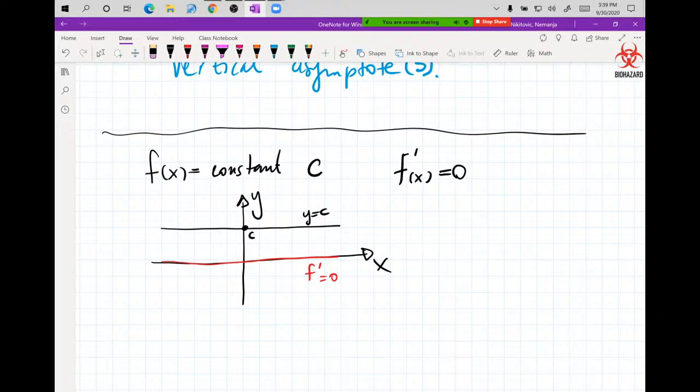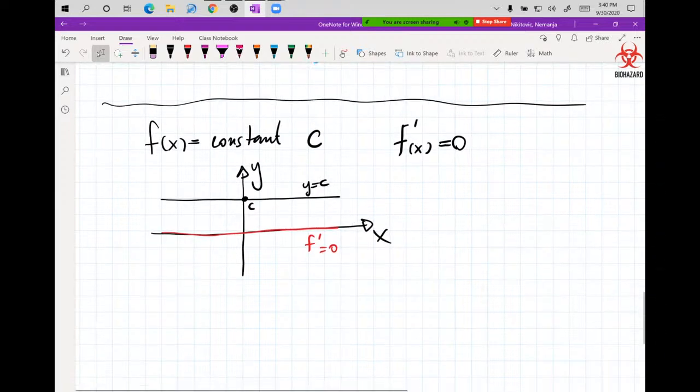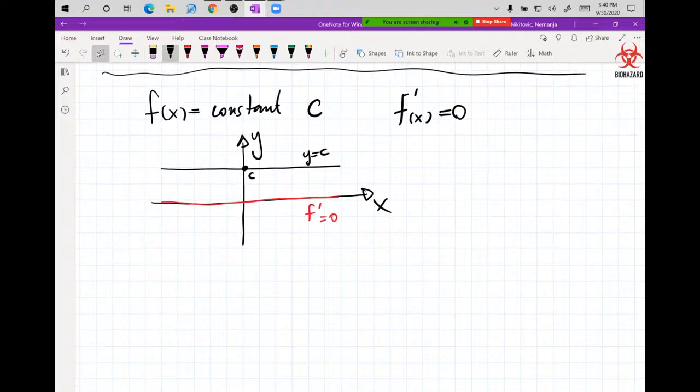So if the function is constant, then derivative is just this flat line at 0. And the reason is derivative measures change, and there is no change in a constant. Therefore, you're not going to get any line going up or down or anything like that. You're just going to have, well, this red line across.